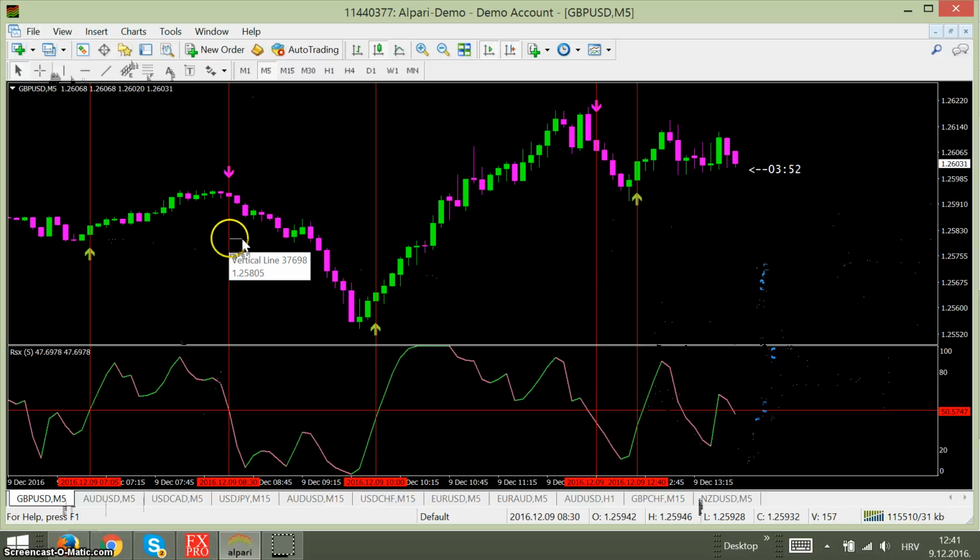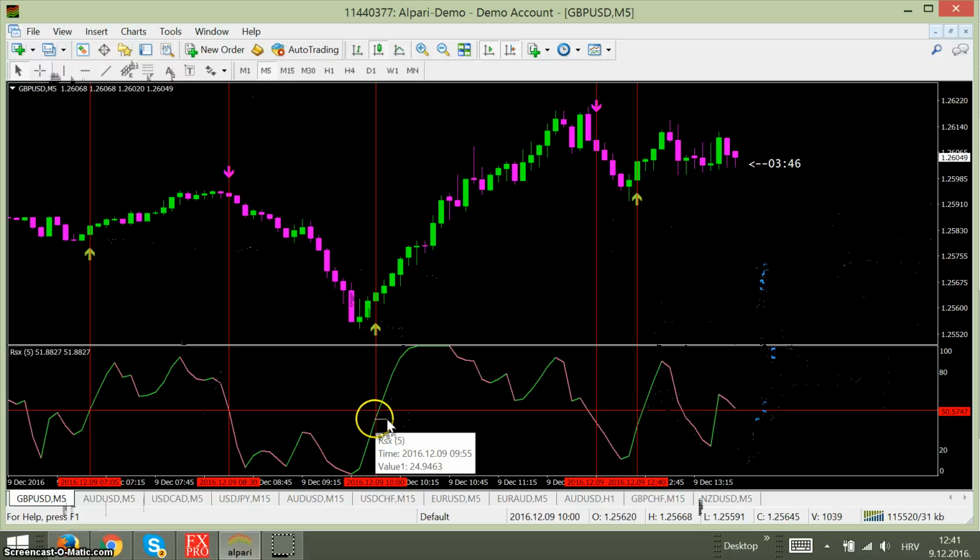Here also, we can take the trade immediately. Here, the green line is still below the red line, and we will take the trade on the next candle, because on the next candle the green line is already over the red line.